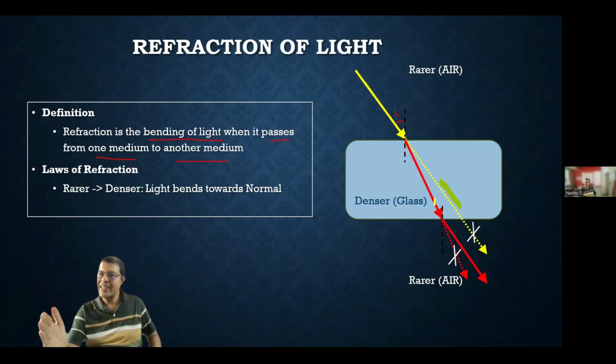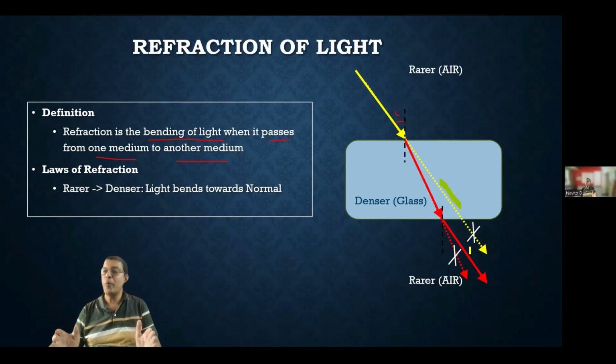That means the light has actually bent, and it has bent towards the normal when it's going from rarer to denser. Now, when it is going from denser to rarer medium, then what happens? That time, the ray of light bends away from the normal. The ray of light, instead of going along the dotted red line, goes away from the normal.